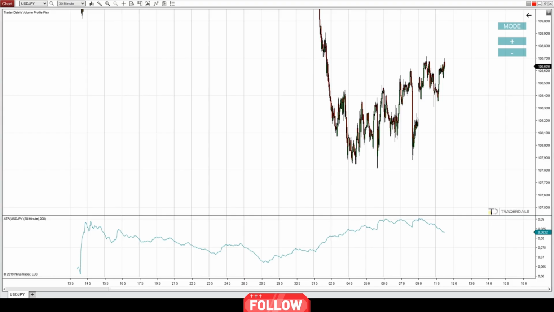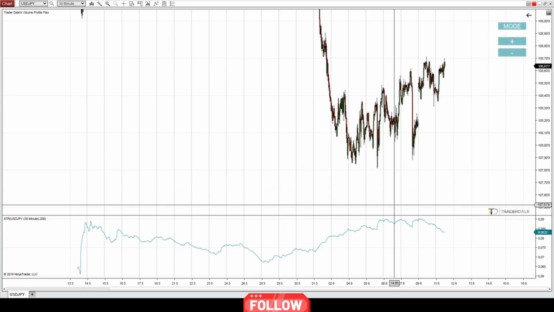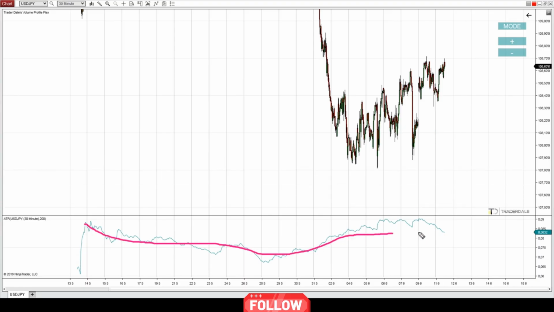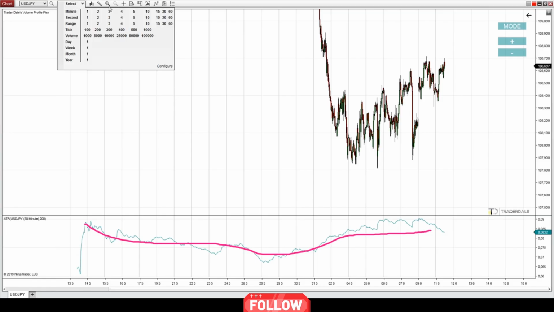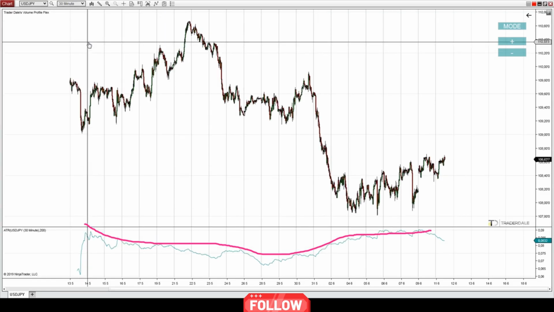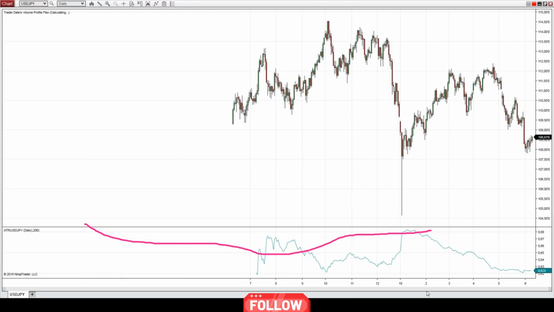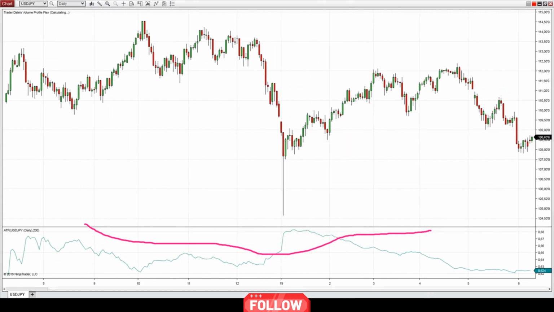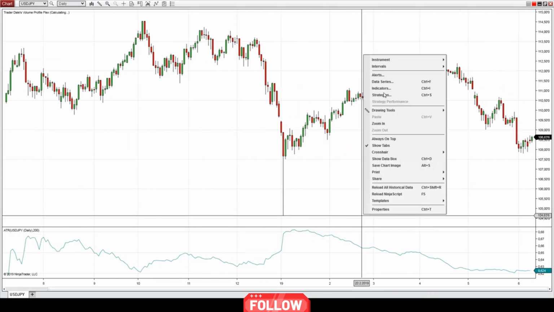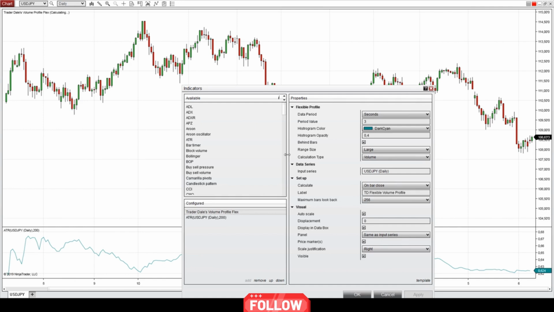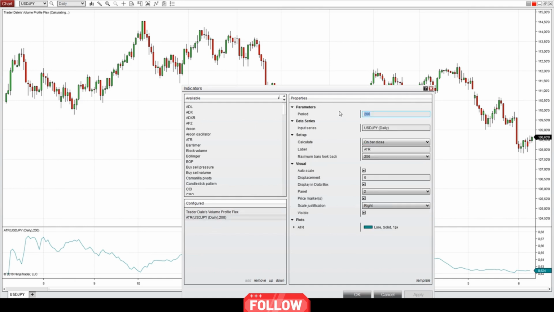All right, so this is the ATR indicator. To smoothen this line a bit, it's better to use a daily chart. And also, you can go back to the indicator settings and use a higher period, for example, 400.